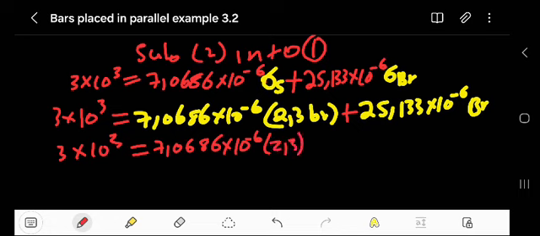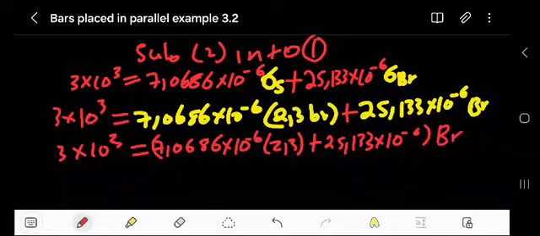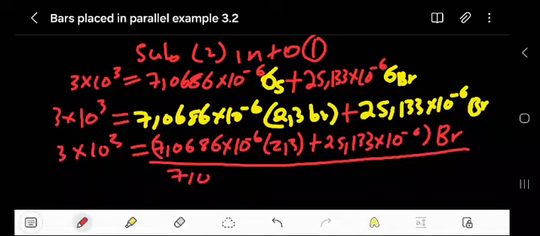Right, take out the common factor. There we have plus 25.133 times 10 to the power of minus 6. You took out the common factor there, like this, multiplied by the stress of the bronze. Then you divide both sides by the whole of this.